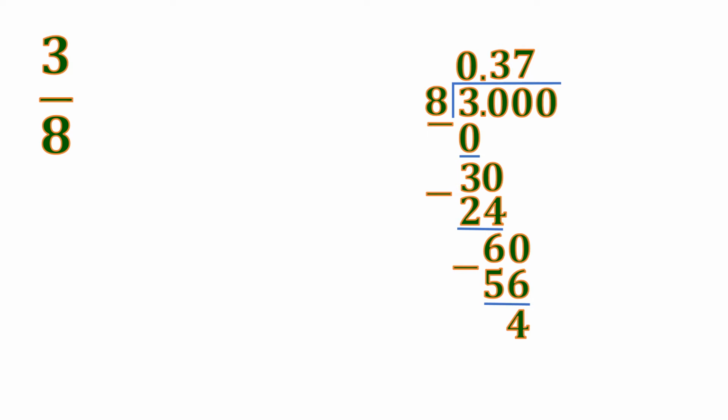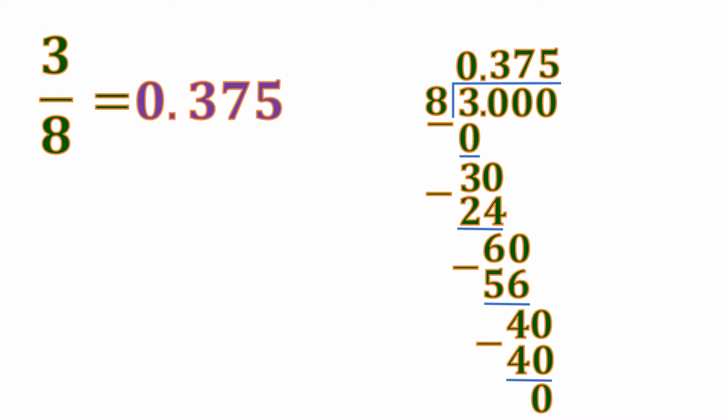So we bring down 0. 40 divided by 8 is 5. 5 times 8 is 40. 40 minus 40 is 0. So no more remainder. That means 3/8 in decimal is 0.375, or 375 thousandths.